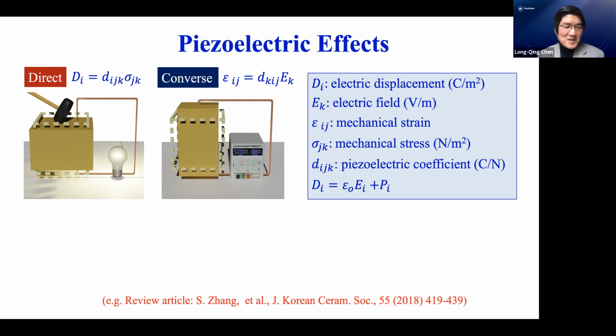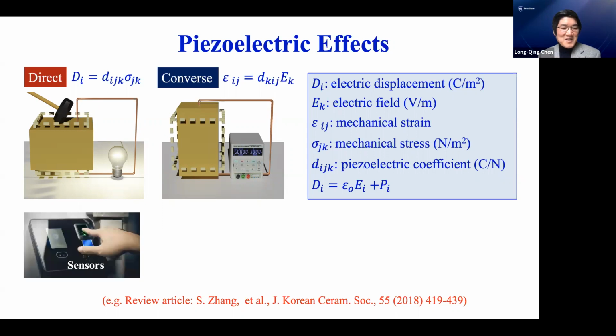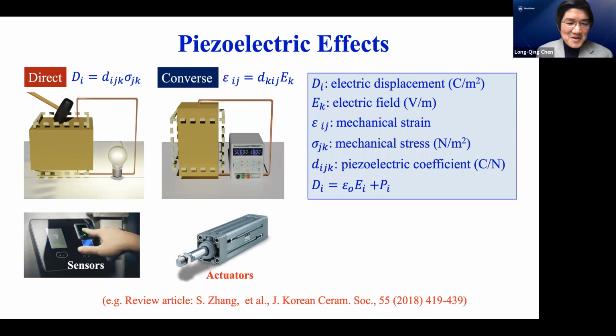For example, for the direct effect, we can talk about sensors. So you can sense a mechanical force or vibration or a sound wave by detecting electrical signals, or we can produce motions, which we call actuators. When we apply an electrical signal, you can produce mechanical motion.